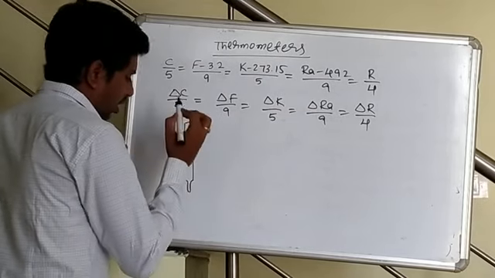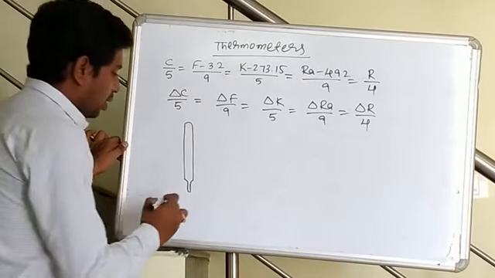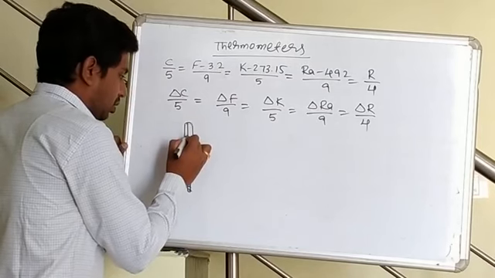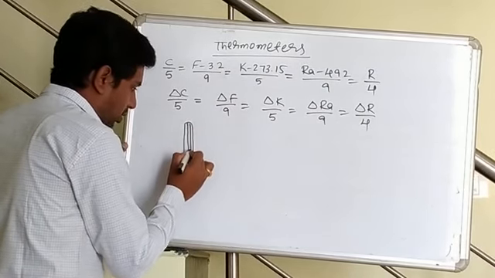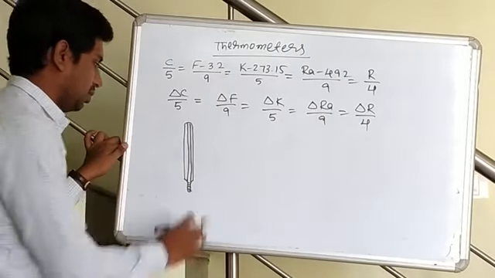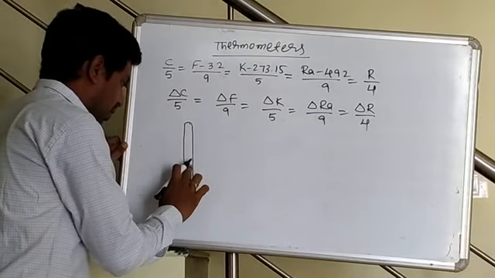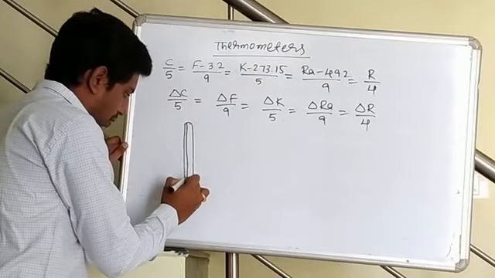In this thermometer we will take mercury. When the temperature is increased, the level of the mercury column also increases, which means the mercury will expand.